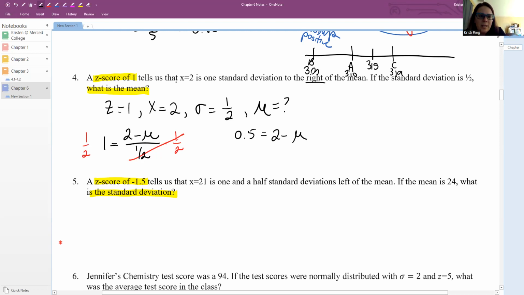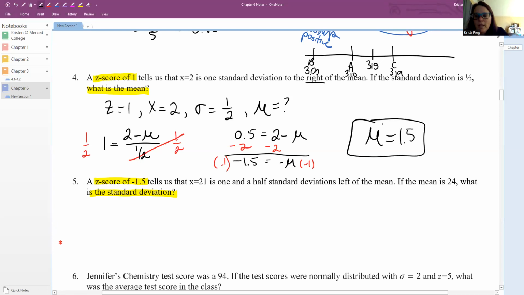I'm going to subtract 2 from both sides, and I get negative 1/2 equals negative mu. And then finally multiply or divide both sides by -1 to make sure mu is positive. So the final answer is mu equals 1/2.